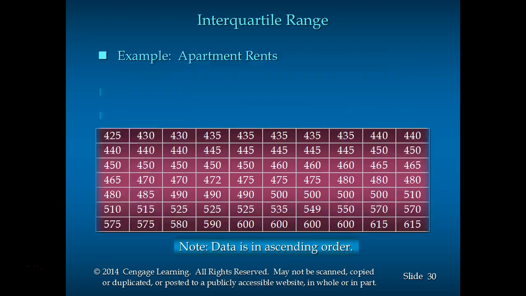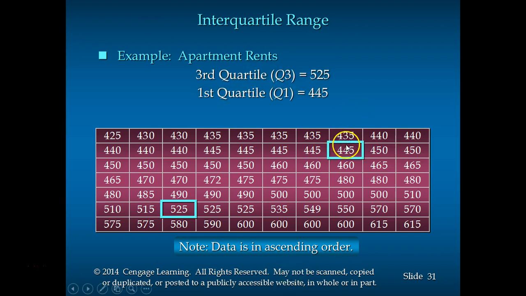So again, remember it was this one. So 525, 445. This minus this is less than 100. So the interquartile range is less than 100. So the middle 50% of the data are pretty close to each other. This is what it's saying.